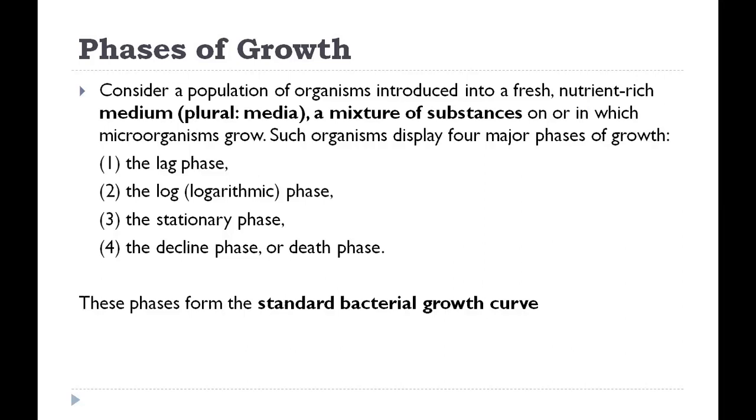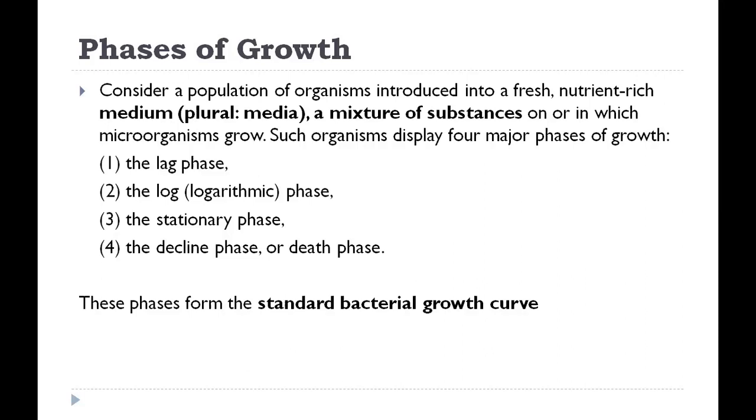That population of organisms will undergo 4 distinct phases of growth. The first phase is the lag phase, the second phase is the log phase or exponential phase, the third phase is the stationary phase, and the last one is the decline phase or death phase.